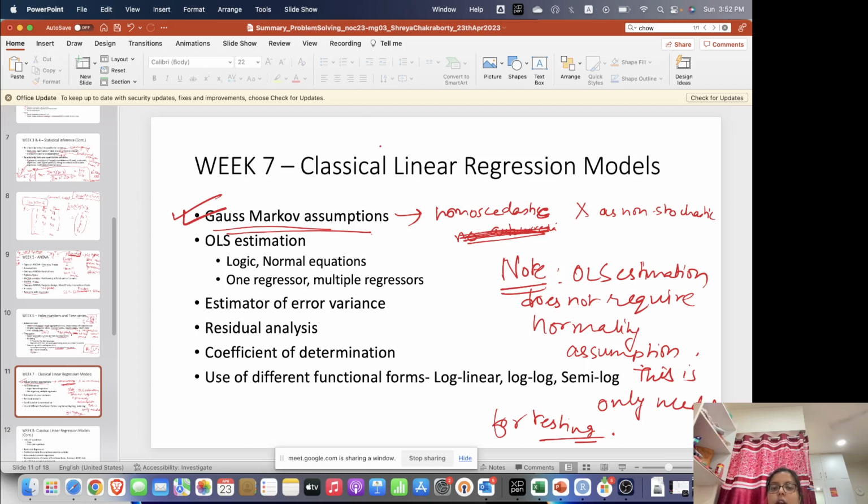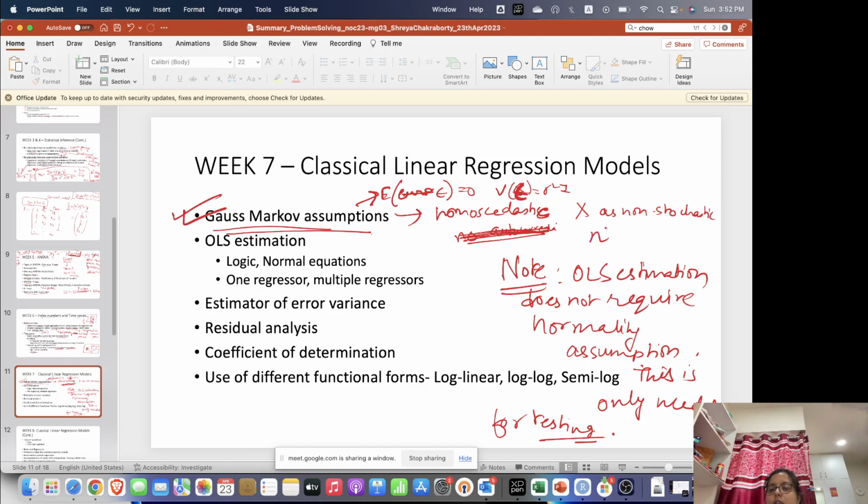Yeah, so the Gauss-Markov assumptions were: expectation of the errors, or epsilons, would be 0, variance of epsilon should be sigma square I. It should have constant variance, like I was saying, homoscedastic. x should be non-stochastic.